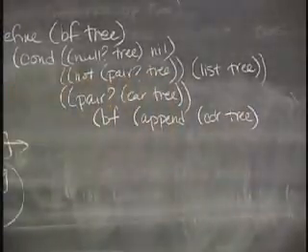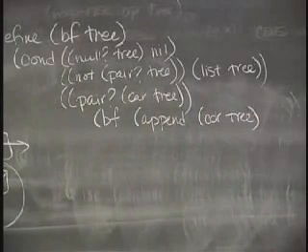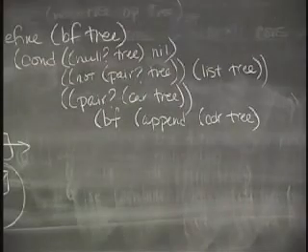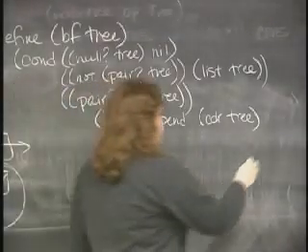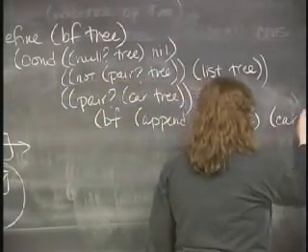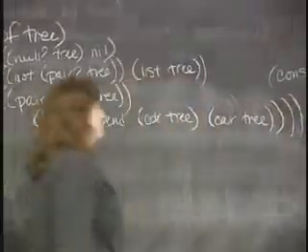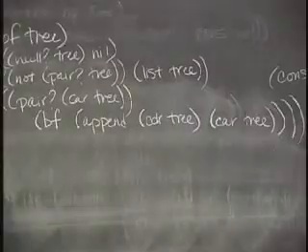So in this case over here, we were talking about this case. This is the car of the tree that we just checked. This is the cdr of the tree. We're going to take the remaining list here, and we're going to append it to the car of the tree. Questions?